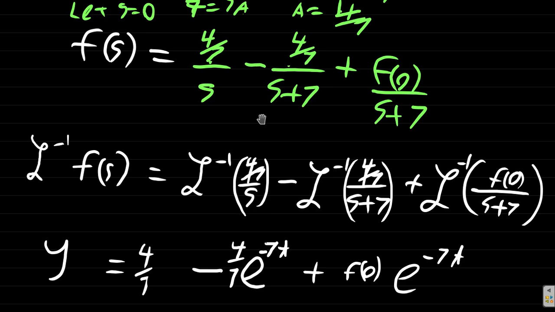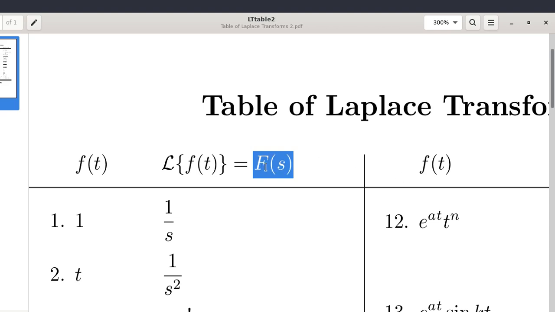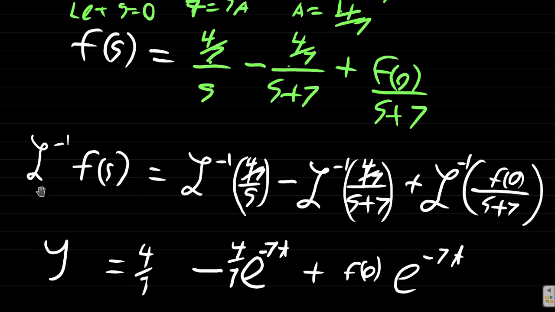So here, after that, we find the inverse Laplace transforms. The inverse Laplace transform of F of s. Now, on the right we have F of s, we move to the left to find it. The inverse Laplace transform is f of t, but we call our f of t y, so it's y equals the inverse Laplace transform of 4 over s.